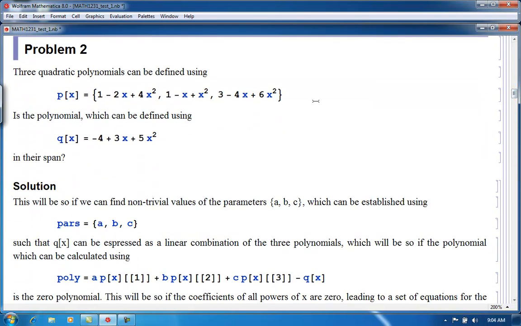So let's go on to problem 2. So we've got these three polynomials, p1 of x, p2 of x, and p3 of x. And we're asked, is the polynomial q of x, given by this, in their span? So we better establish them.